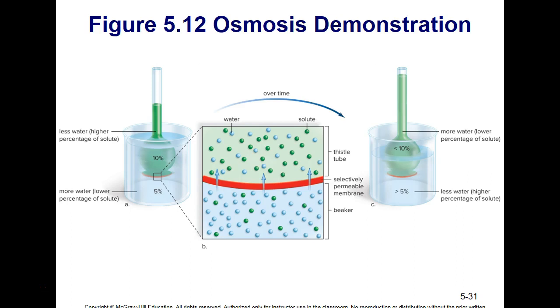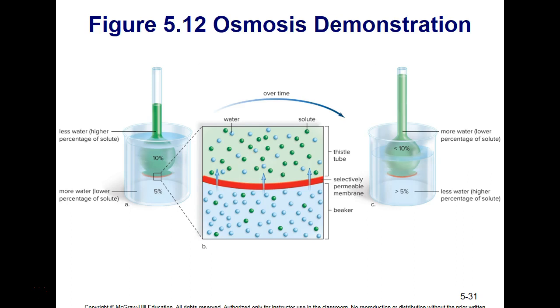The beaker contains only a 5% solution, covered at the broad end by a similar membrane, and the tube contains a 10% salt solution. So if you look at the one to your left, it contains a 10% salt solution, but it has more water in the beaker.